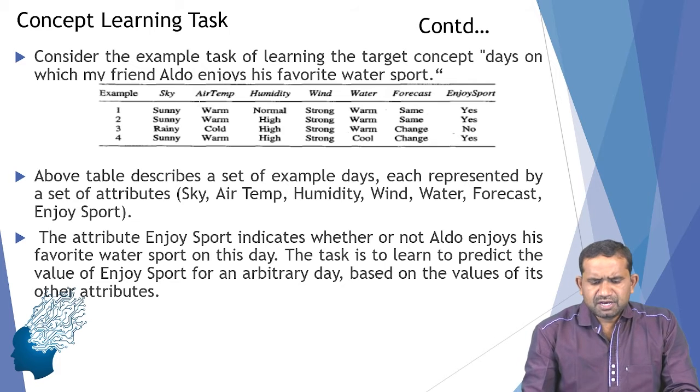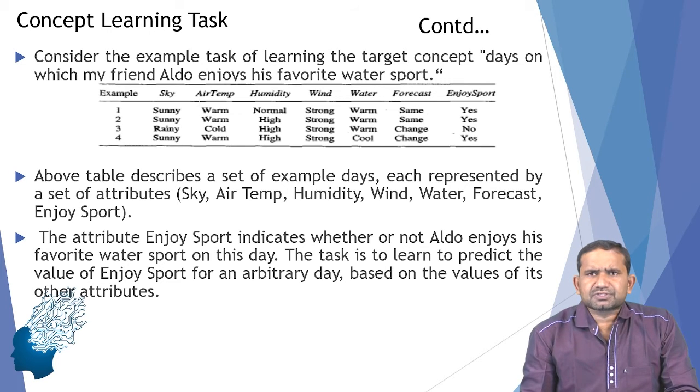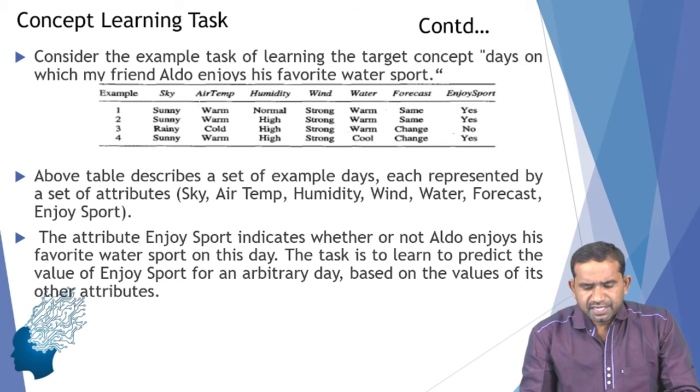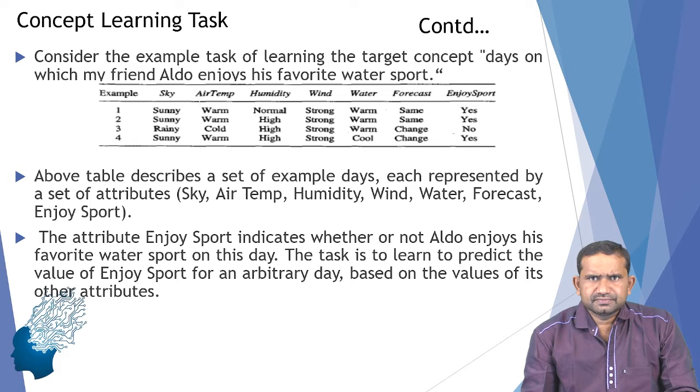Right now, the above table describes a set of examples of days: first day, second day, third day, as well as fourth day. 4 days are there, described by a set of 6 attributes: sky, air temperature, humidity, wind, water, forecast, and enjoy the sport as the final result.